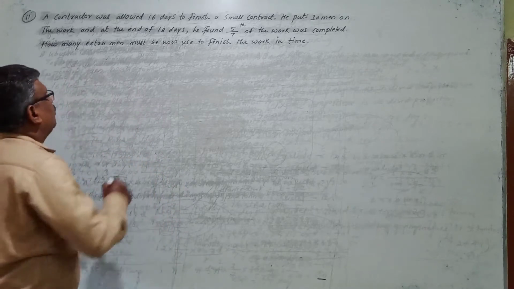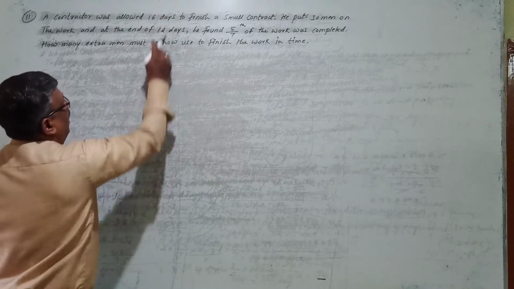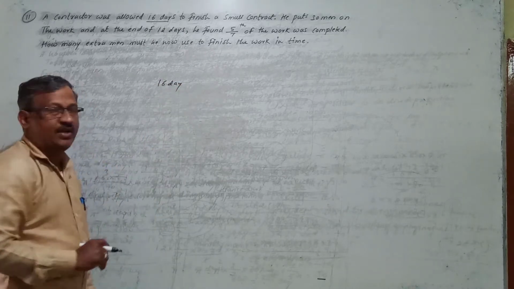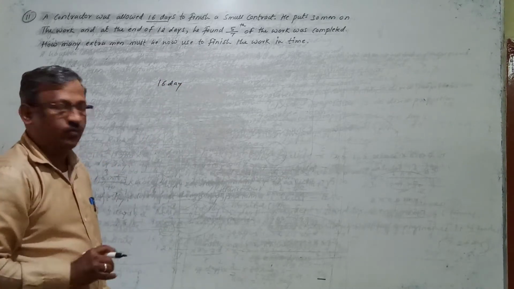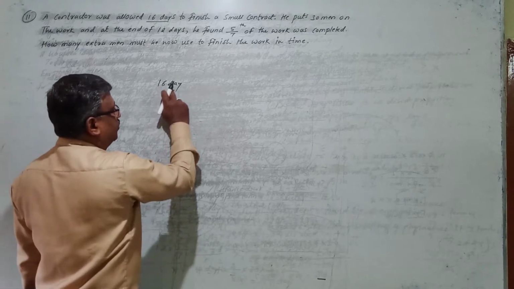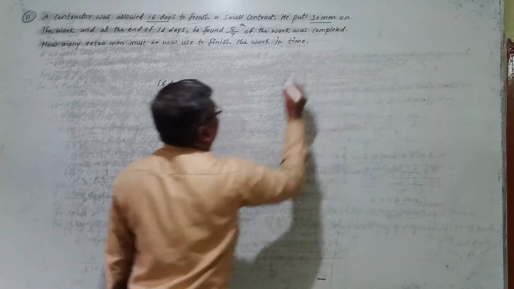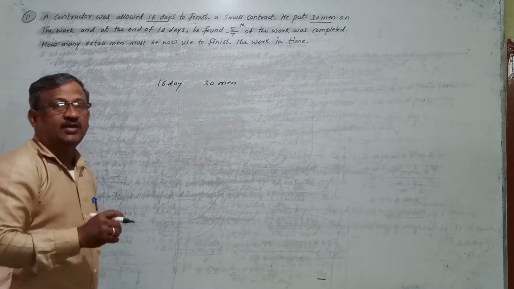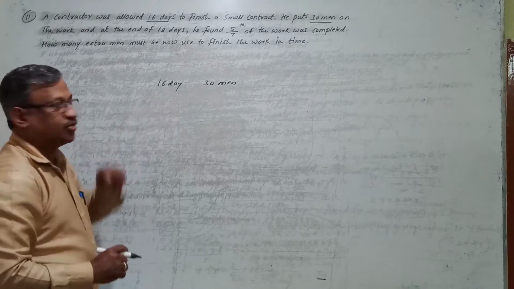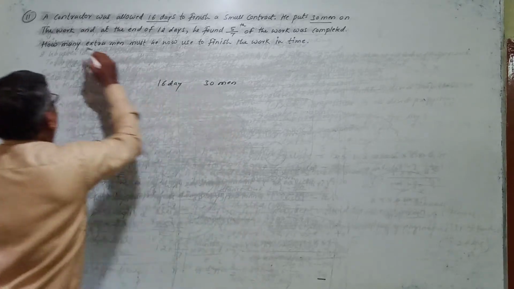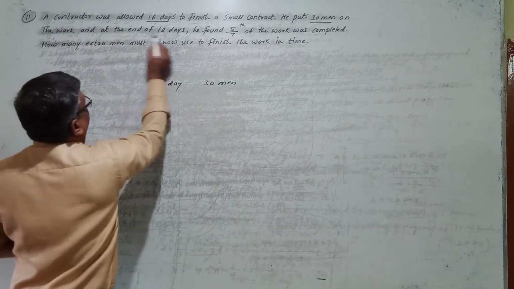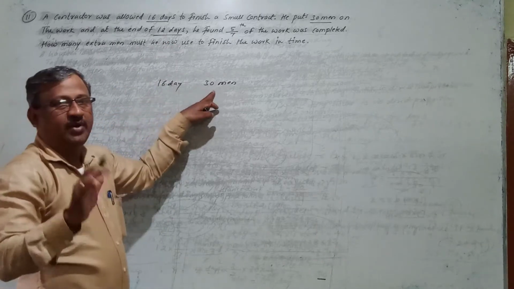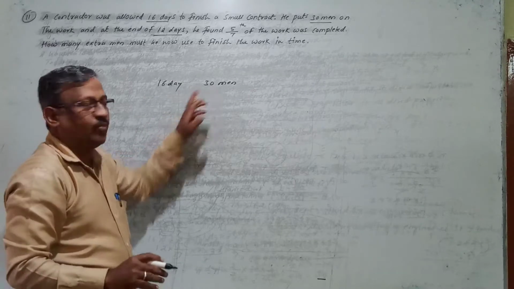If you see here, there is a contractor and he has been given 16 days. Within 16 days he has to complete that contract. To complete that work in 16 days, he has employed 30 men.